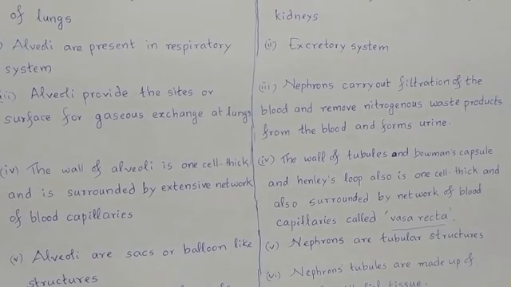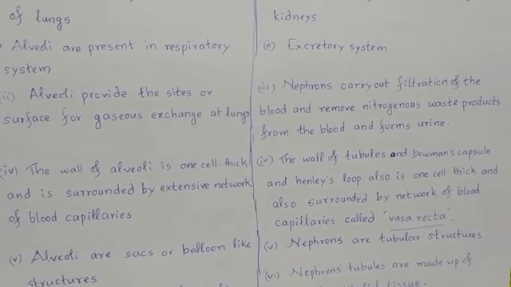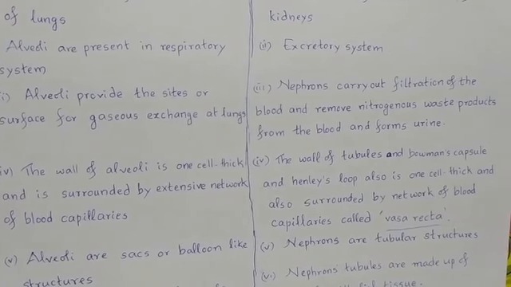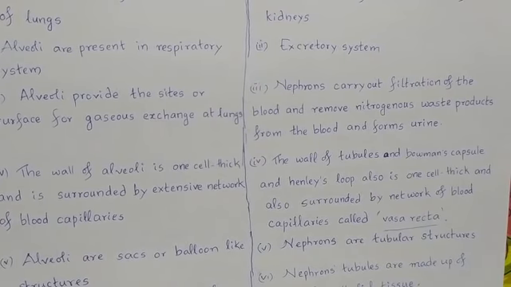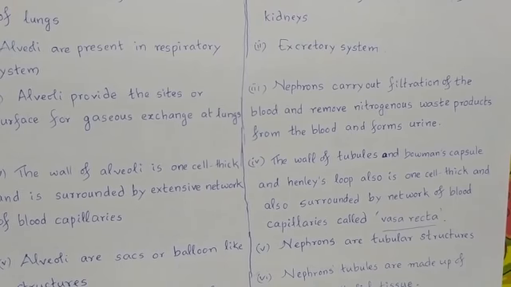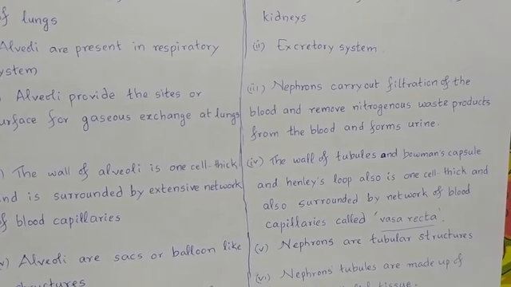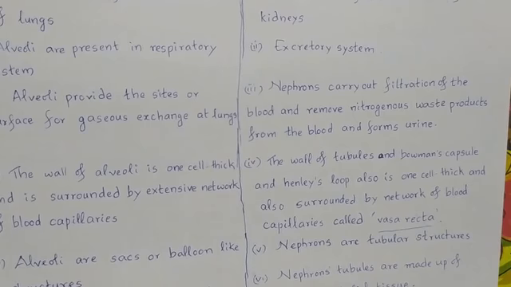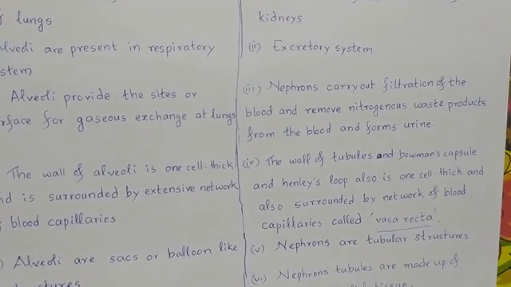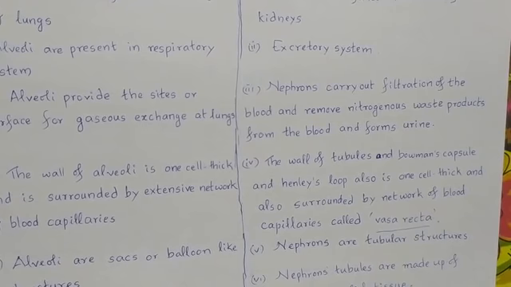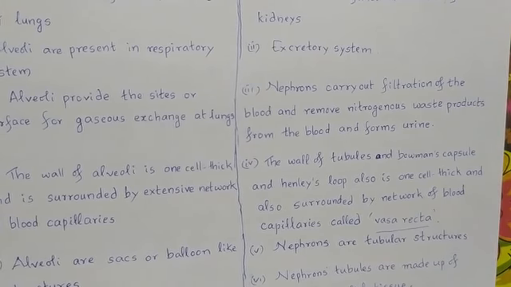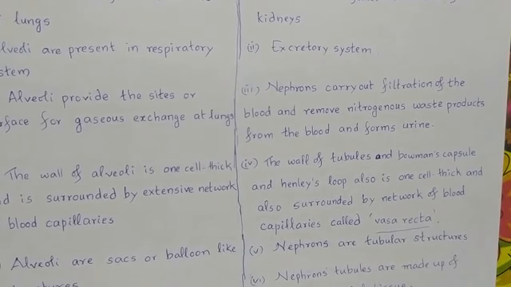The wall of the alveoli is one cell thick and it is surrounded by an extensive network of blood capillaries. The wall of the tubules of the nephron, the Bowman's capsule and the loop of Henle are also one cell thick, and they are also surrounded by a network of blood capillaries.